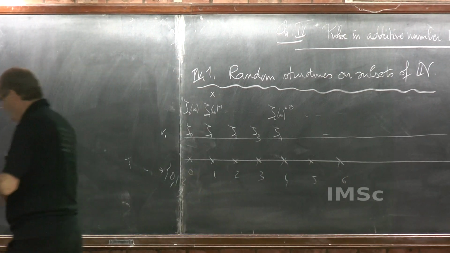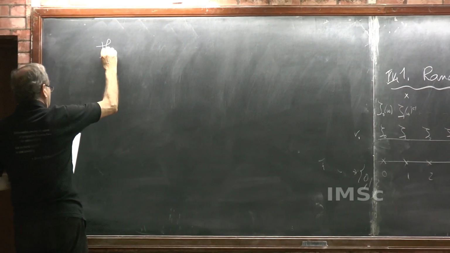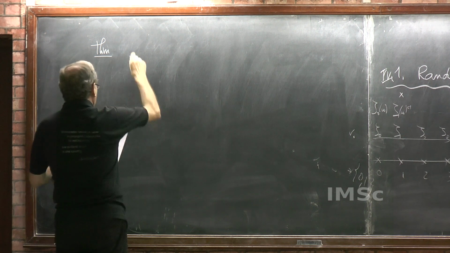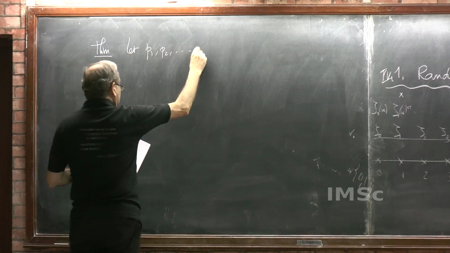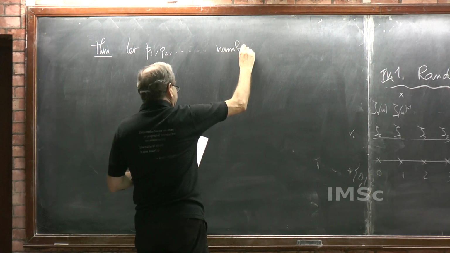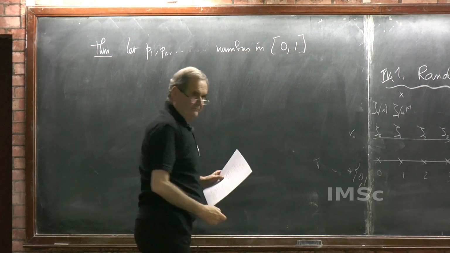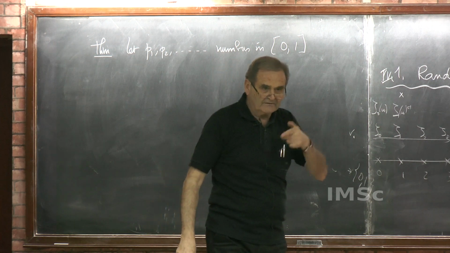So let us put this theorem for the sake of precision. We consider p1, p2, ..., pn, numbers in [0,1], so that pn is the probability that xn is equal to 1.